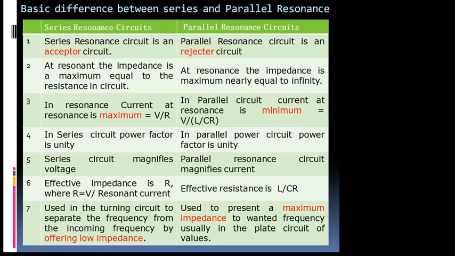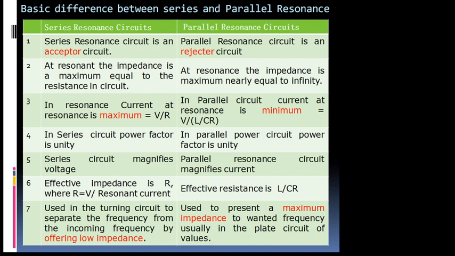What are the basic differences between these two circuits, and how are they useful in electronics, or for a common man, how shall I understand the need of series resonance and parallel resonance.